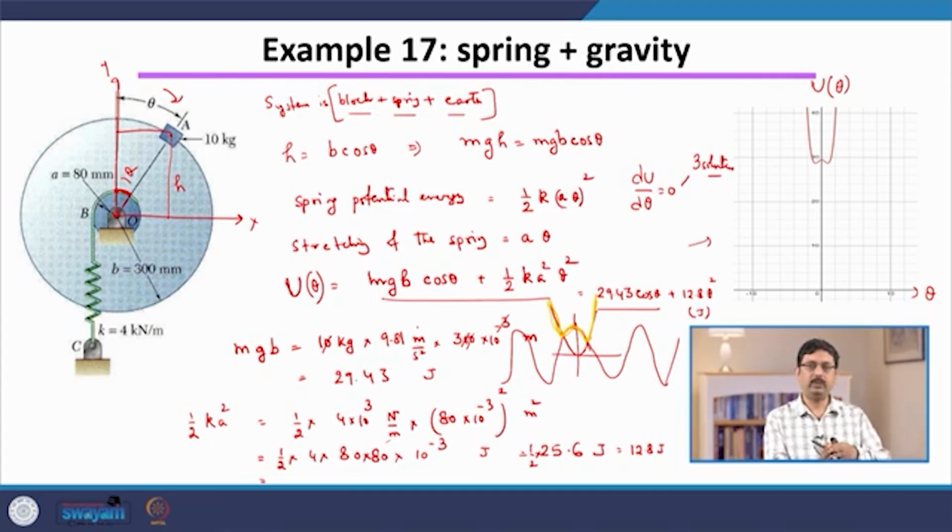So, it is trying to prevent the fall of the block. Then at some finite value of theta, there will be some position where you expect that these two effects will balance each other, and that will be an equilibrium position.